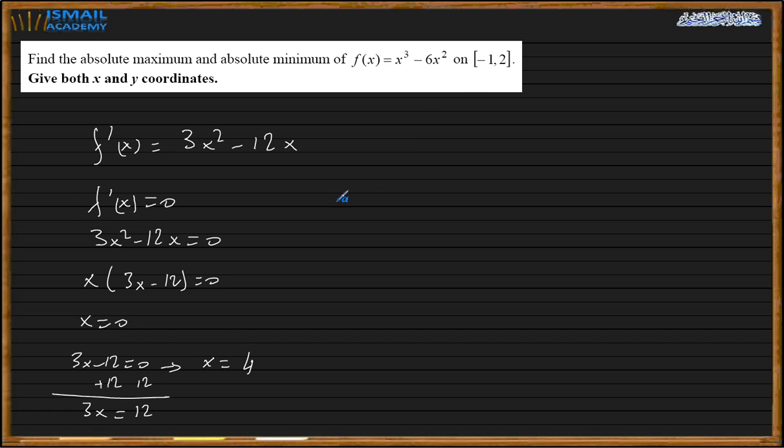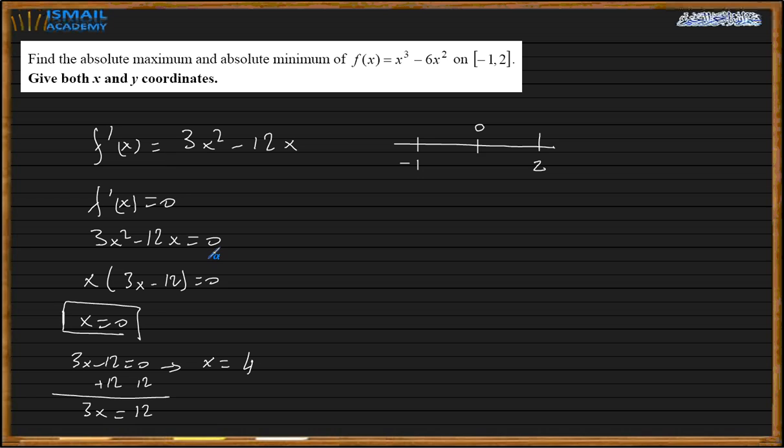4 is not part of the interval, but 0 is part of the interval. So what I do, my line. So this is minus 1, this is 2, this is 0. So we know that outside is going to be positive because the coefficient here is positive. You can pick a number, by the way.